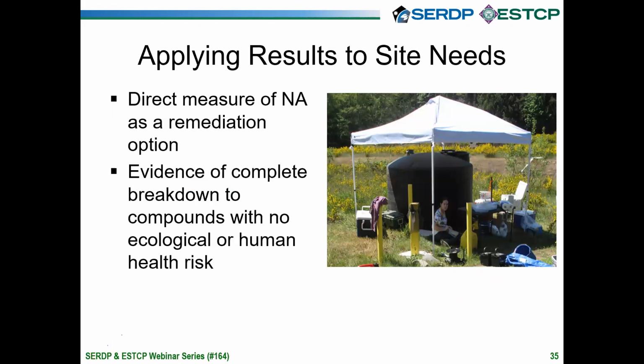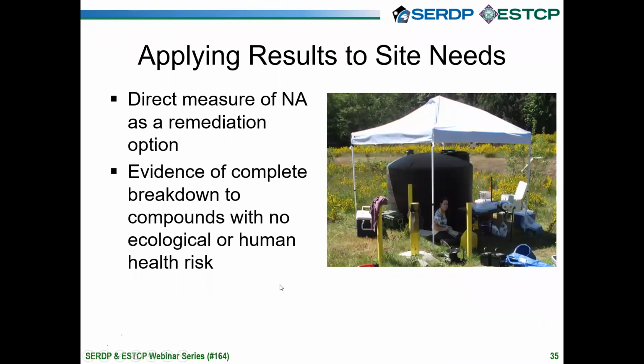So this slide here is actually part of that groundwater study that we did in the RDX contaminated aquifer. This cattle tank has groundwater that has been amended with N15 labeled RDX. And what we did was we used this to provide some additional evidence of complete mineralization of RDX half-lives under both anaerobic and aerobic conditions.